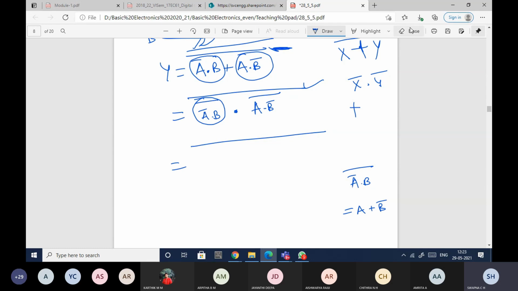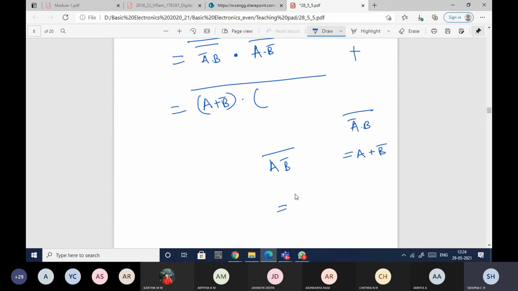So this entire thing, A bar B whole bar, can be represented as A plus B bar, into, here also I have A B bar whole bar. This can be represented using De Morgan's law again, I'll expand it.